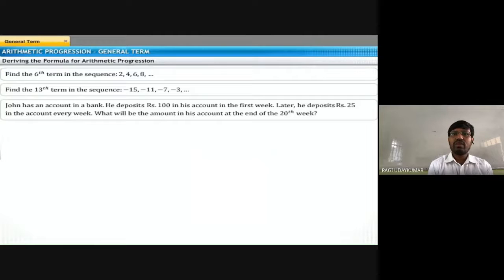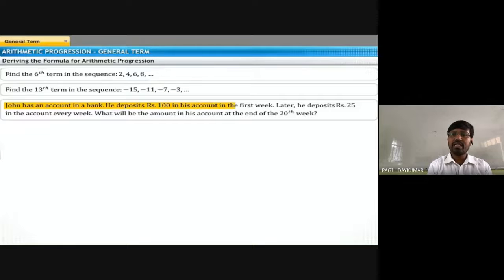Now here we are going to derive the formula for the arithmetic progression. Find the sixth term in this arithmetic progression, and the 13th term in the next arithmetic progression: minus 15, minus 11, minus 7, minus 3. Next, it is given that John has an account in a bank.